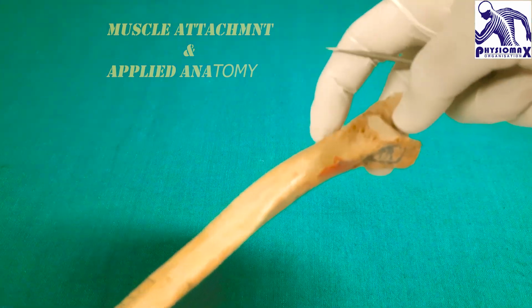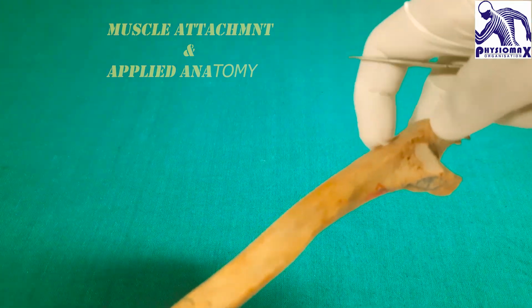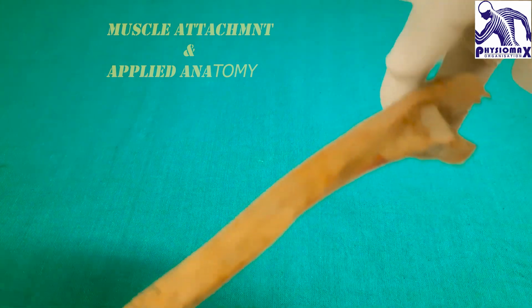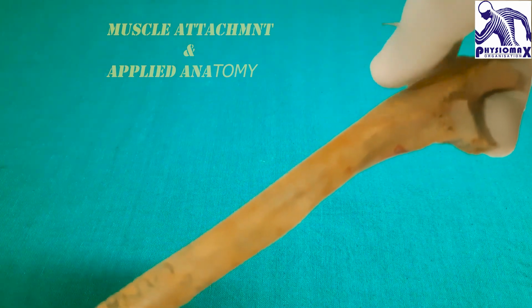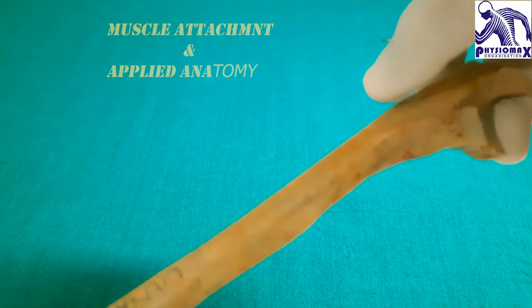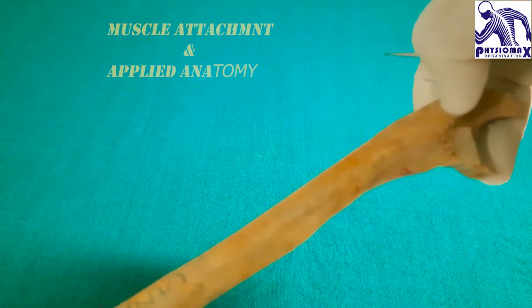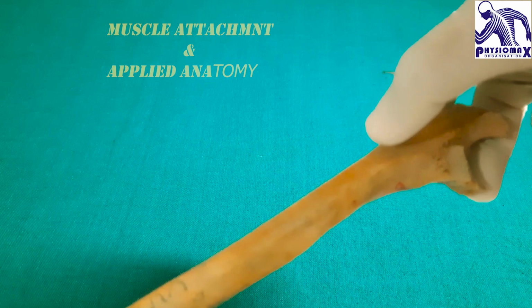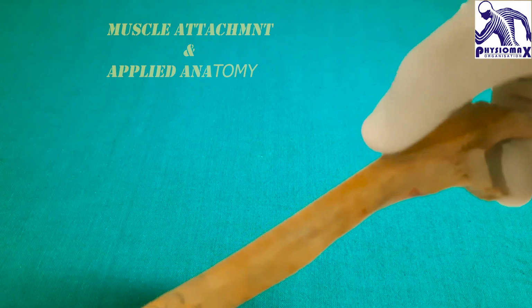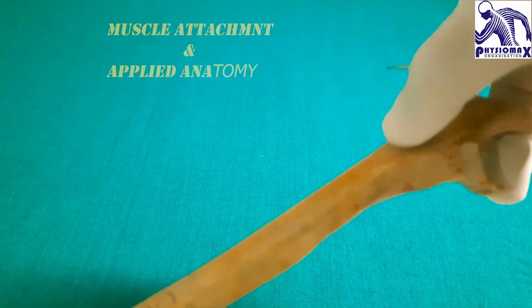In the posterior border of this ulna, we have the origin of the flexor digitorum profundus, the flexor carpi ulnaris and the extensor carpi ulnaris. So these are the three muscles which are present on this posterior aspect of the ulna.